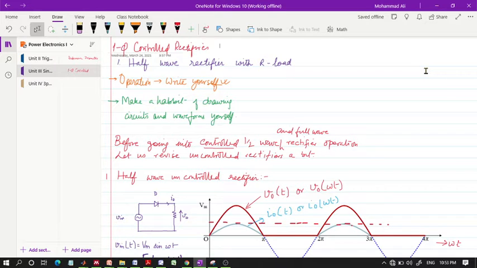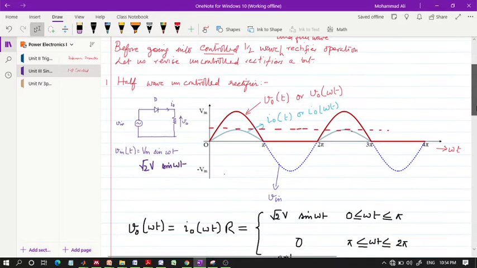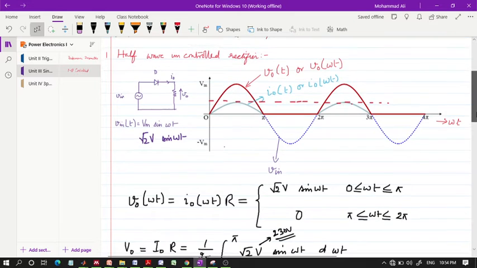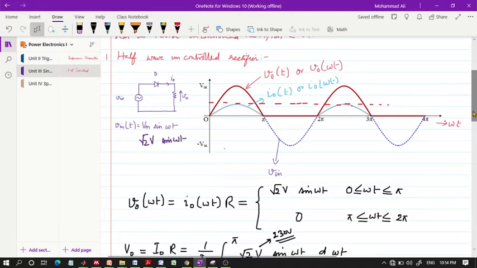Before going to controlled rectification, let me begin with the half wave uncontrolled rectifier that we all know. So let us have a brief revision about this circuit. We have an AC supply over here that can be given by Vn in terms of omega t, Vm sine omega t.